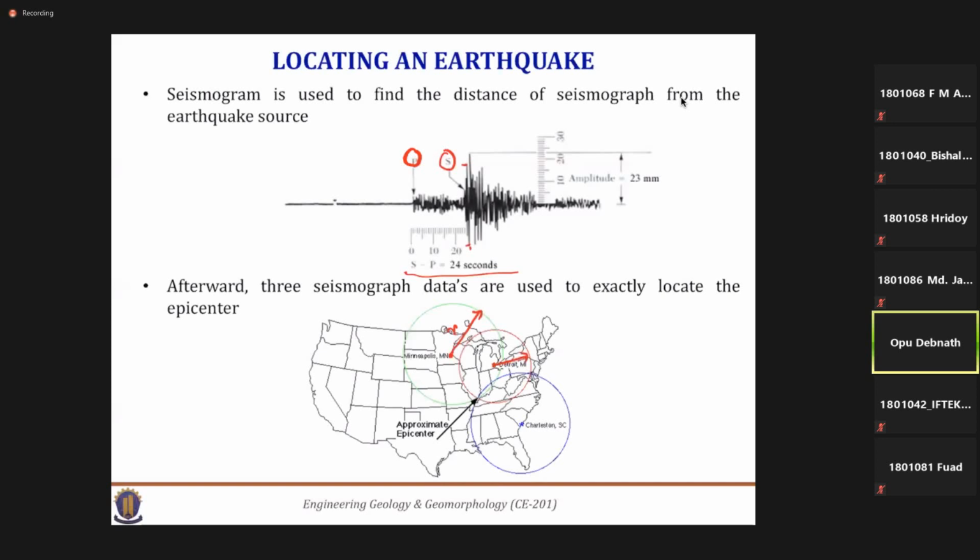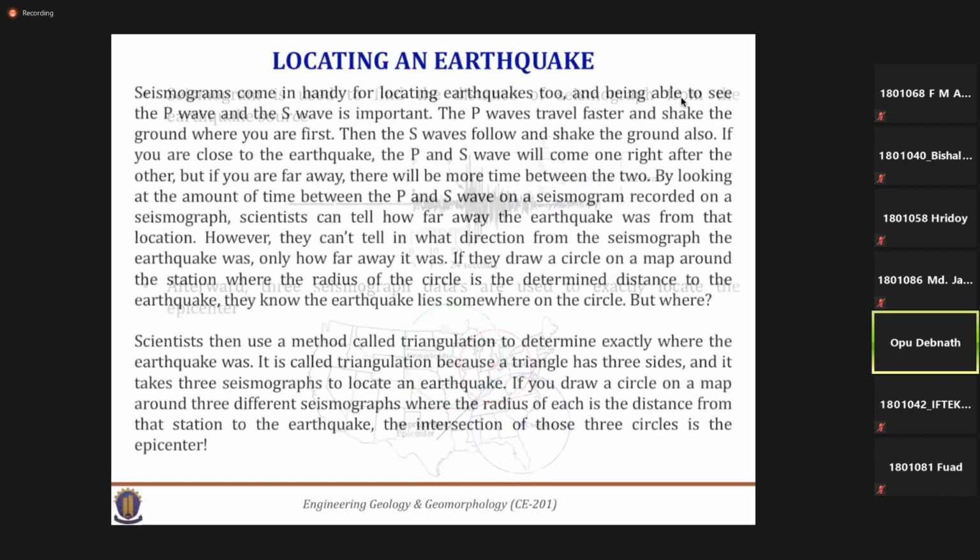Now it can be this point or this point, any of two. Thereafter, we select a third station, and similarly draw a circle. The intersecting point of these three circles is the tentative position of the epicenter. So this is the technique to locate the epicenter.